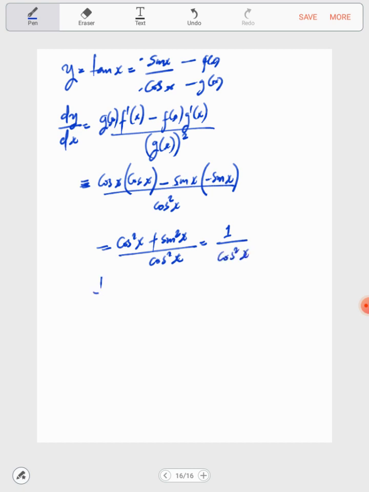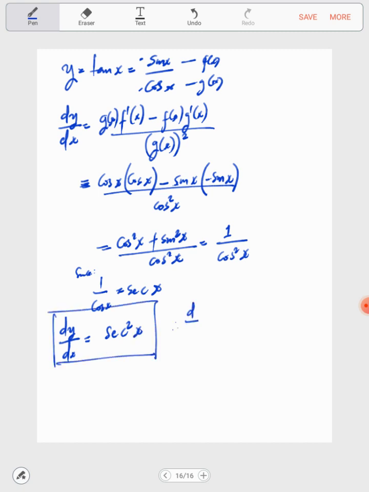Also recall from trigonometry that 1 over cos x is sec x. So we have dy/dx equal to sec square x. So that's the derivative: if I differentiate tan x, I'm going to have sec square x.